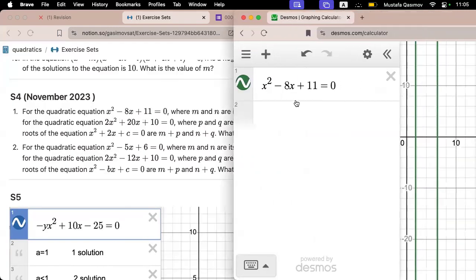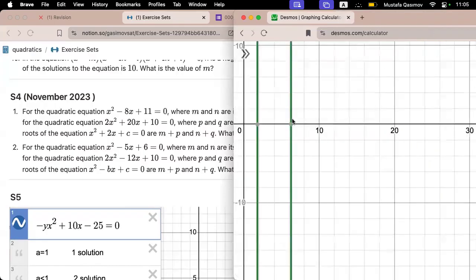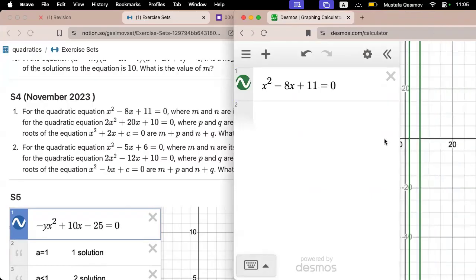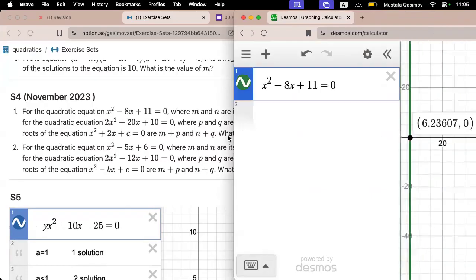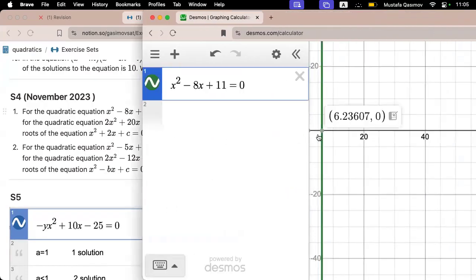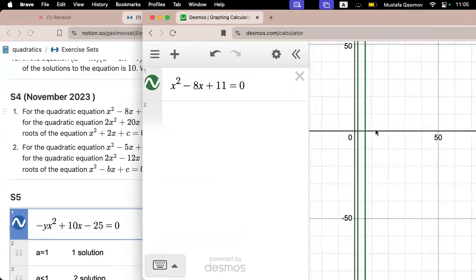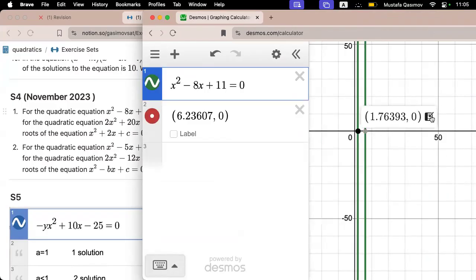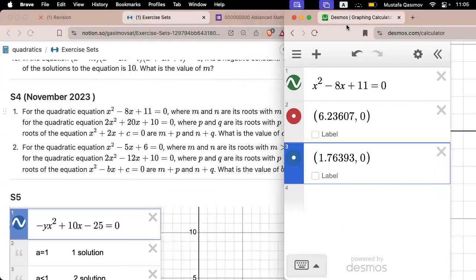You can write the first equation here like that. You can take this value. Okay, let's take these two values, first one, second one. Then you can write it like that.